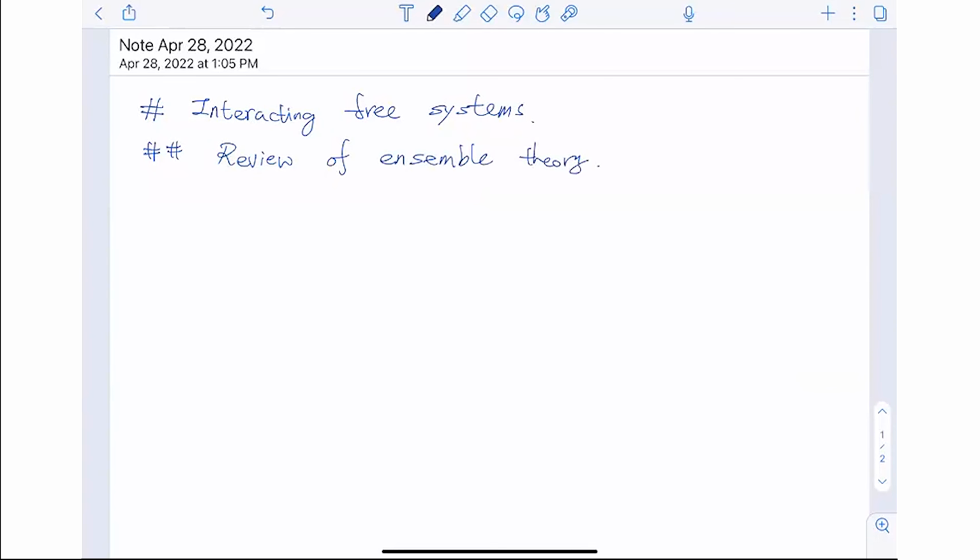What exactly is the information or the structure that ensemble theory tells us? Basically, if we have a microscopic state or a microscopic configuration, we want to know the probability for that particular state or configuration.